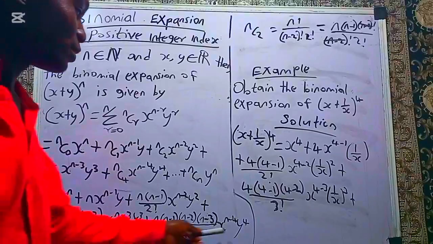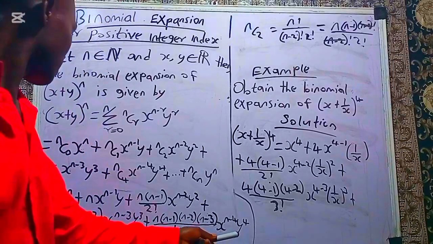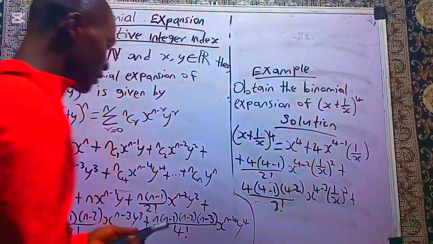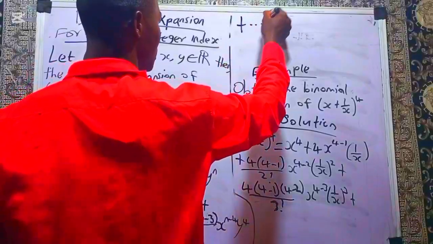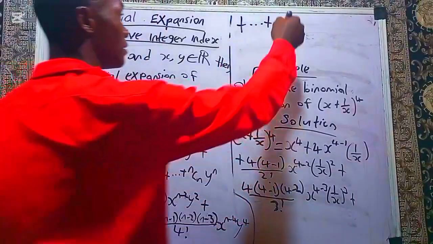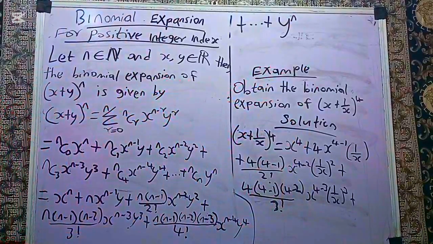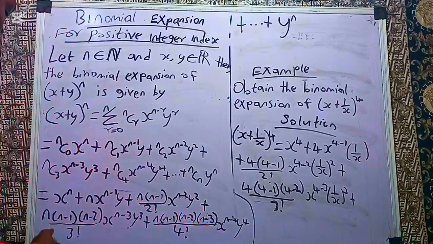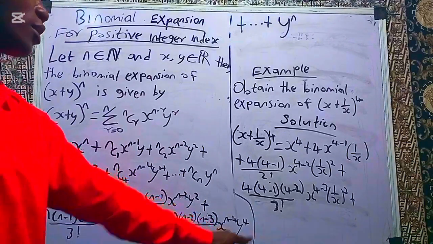Now this place we stopped here. Actually, this expansion goes on. Let me wipe it. This place we stop it. Actually, you'll be having plus dot dot dot plus. The last thing you are going to have is y raised to power n. So that's the last thing you are going to have here, if you finish up the formula, because I did not finish up the formula here.